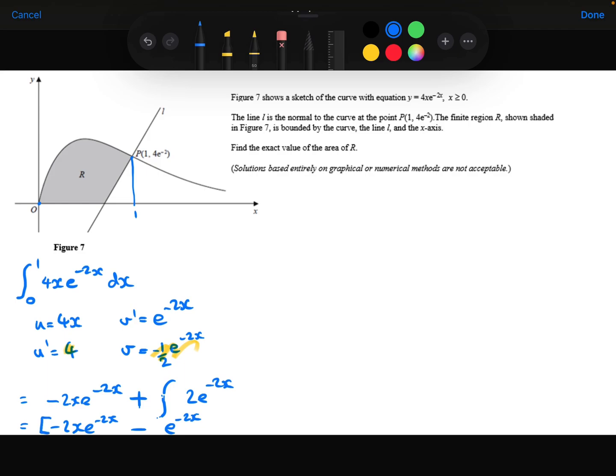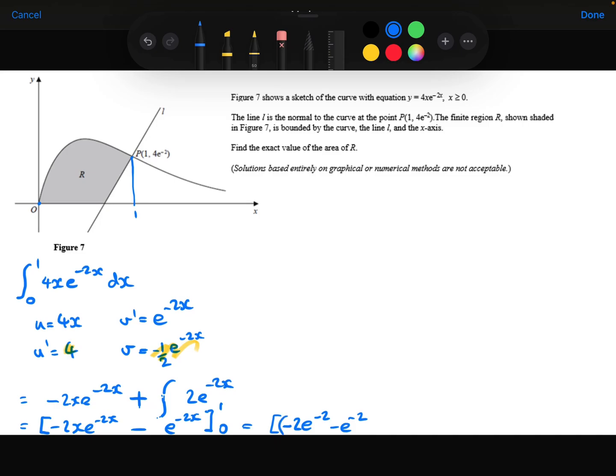And the limits for the integral are between 0 and 1. So substituting the 1 in here, we'll get minus 2 e to the minus 2 minus e to the minus 2.